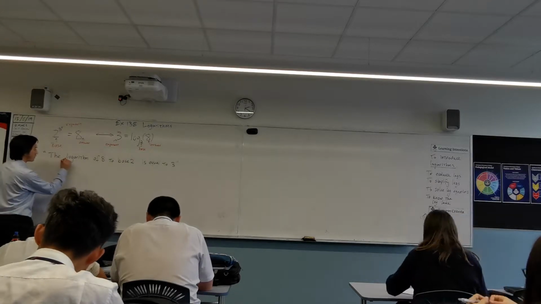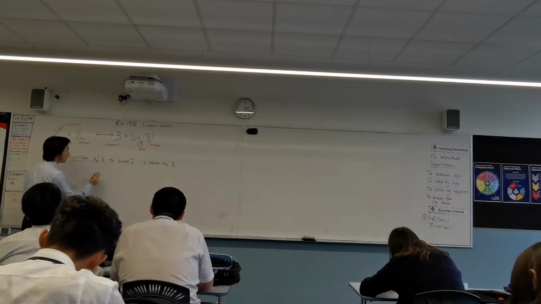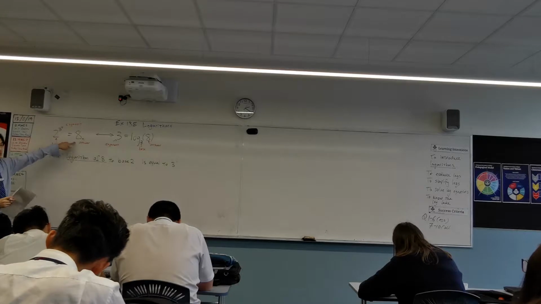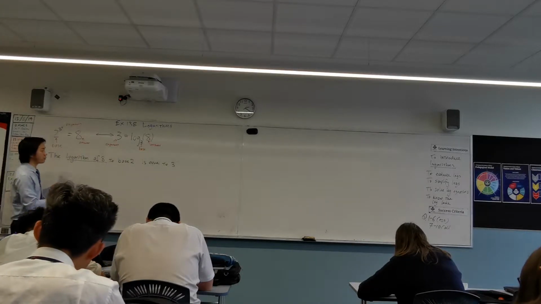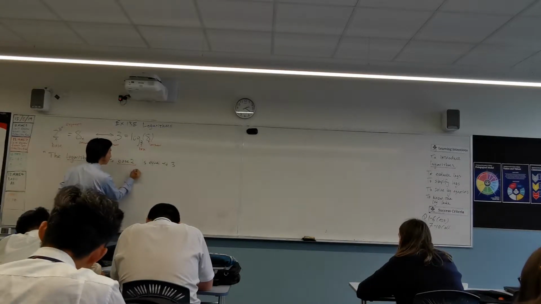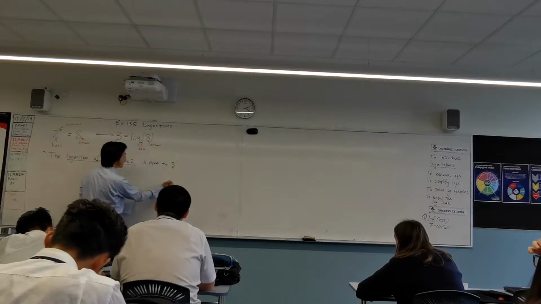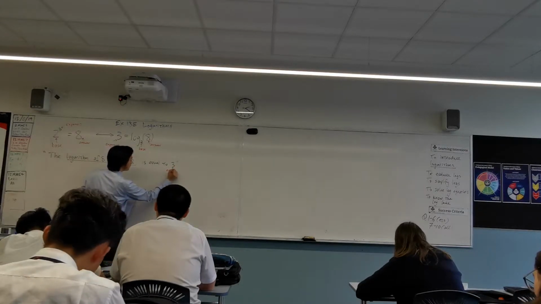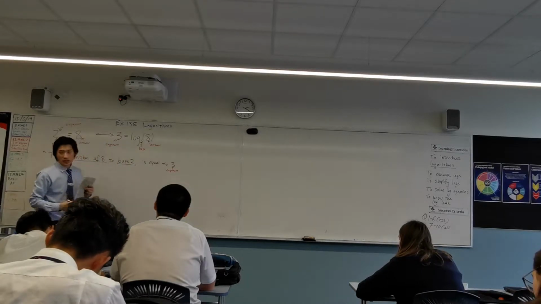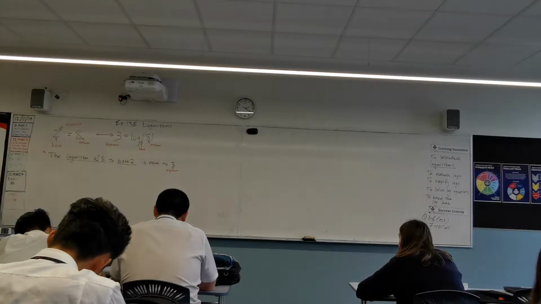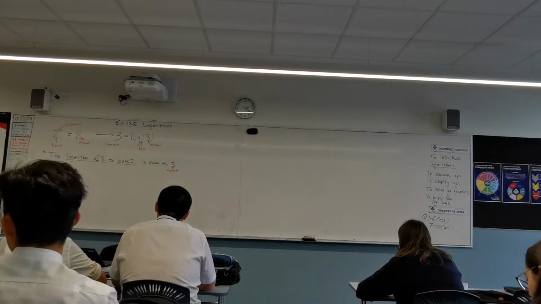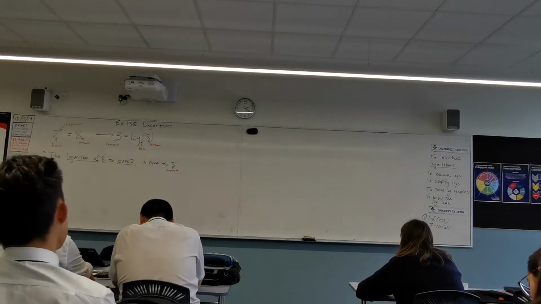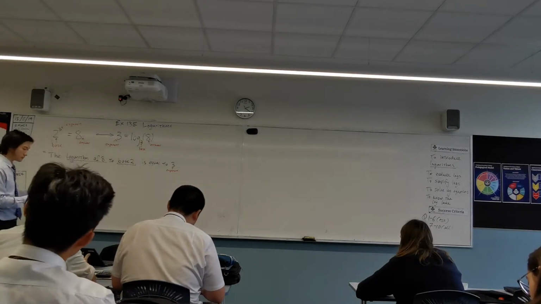So I'll underline some key parts. Logarithm of 8, that 8 there is referring to what our answer would be if it was in index form, but we've also got to state the base, and we've also got to state the exponent. So if you want to label this exponent, and when we've got an equation written in log form, basically all that does is it takes the exponent and puts it as the subject of the equation.